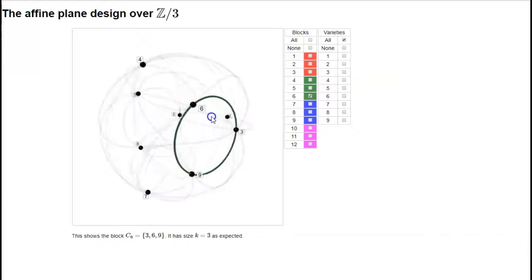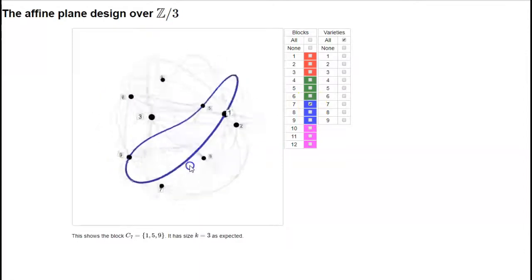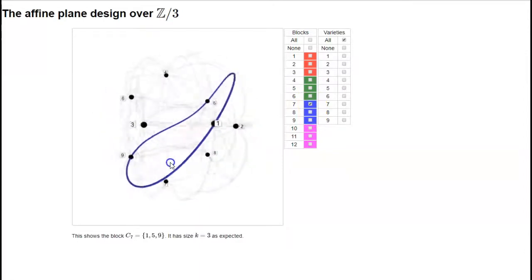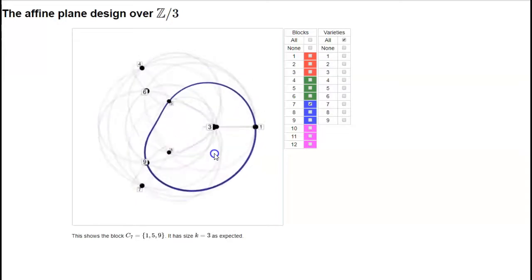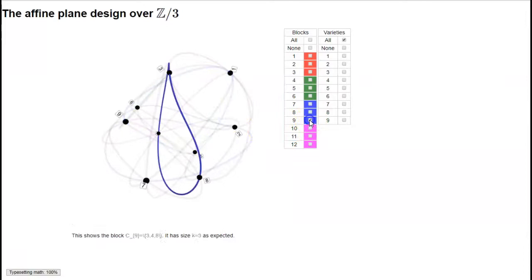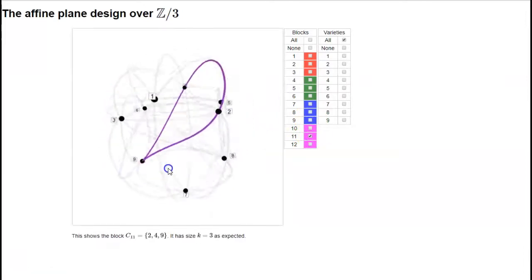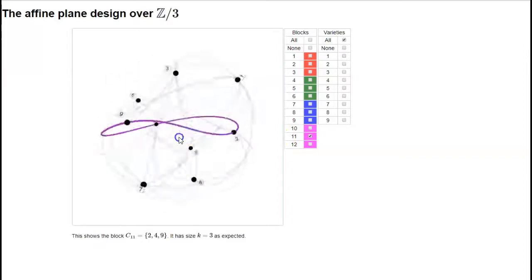Again, each block consists of 3 varieties. The blue ones are a bit more of a funny shape, but again it's a closed curve passing through precisely 3 of the varieties. And the purple ones are similar, they just bend in the opposite direction, more or less.